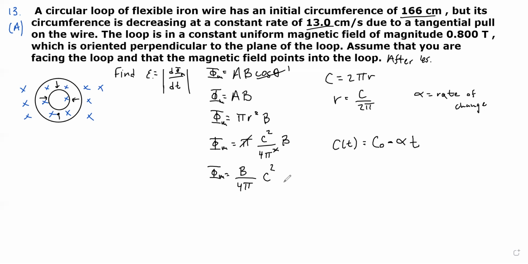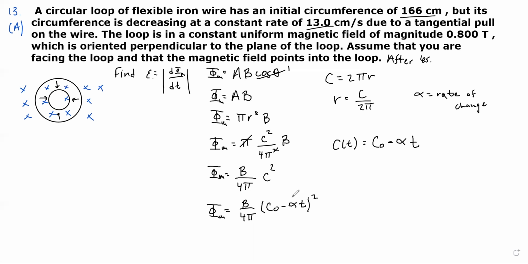So we can actually replace that in here as well, because it's not just circumference, it's circumference with respect to time. So our magnetic flux is going to be equal to B over 4 pi times original circumference minus rate of change times time, squared.